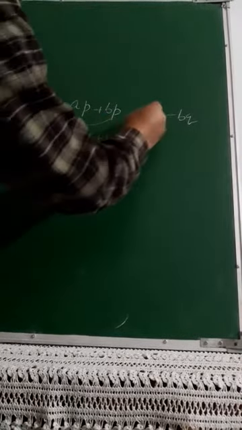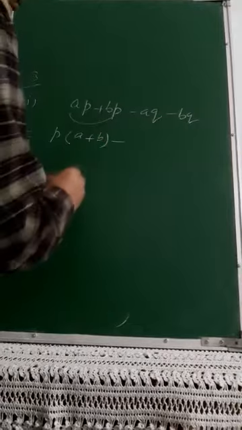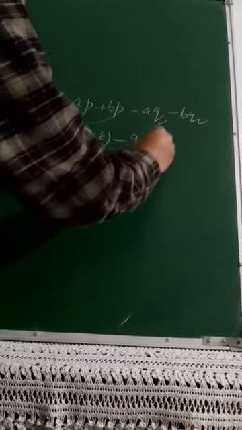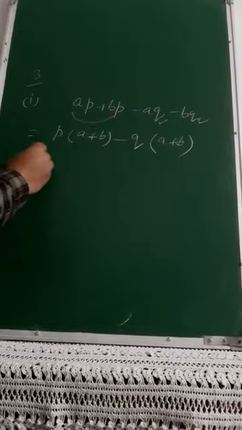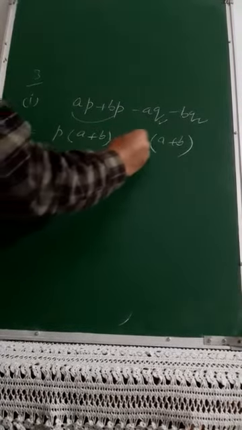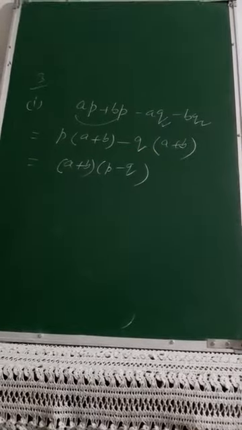In the second group, minus is already there with both terms, so I can take minus, and Q is common, so I take Q common. I will be left again with A plus B. So overall A plus B is common. From here P is left, from here minus Q is left, and it is factorized. So this is called grouping.